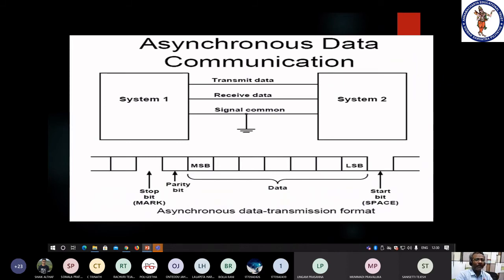After the end of the character, again the channel is forced into the idle state. That idle state is 1. That's why the stop bit is always given as 1. After the 8 bits, the stop bit is made 1. You may have a doubt, sir: after the LSB, if there is a 1 in between, is that treated as an idle channel or not?